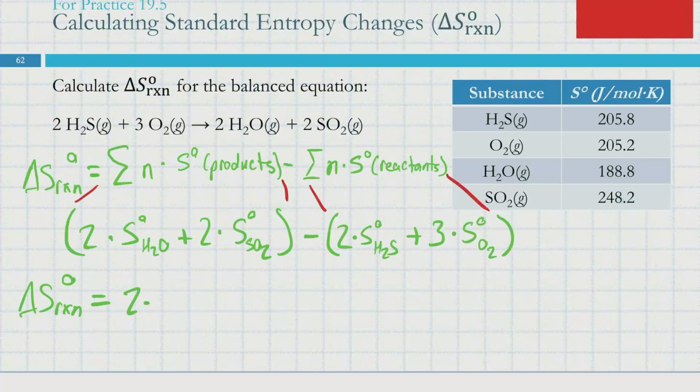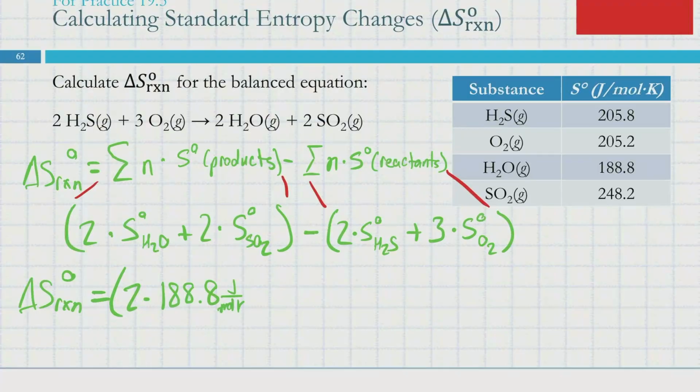So 2 times our standard entropy for H2O, 188.8 joules per mole Kelvin. Actually, the moles don't cancel out with the moles I didn't write in for the 2.